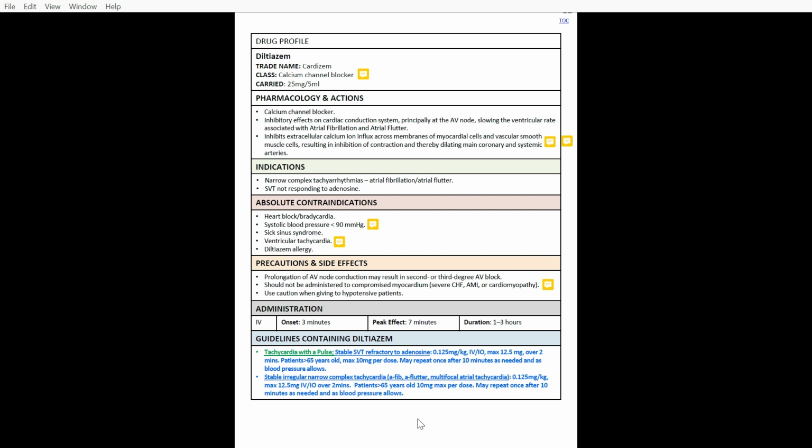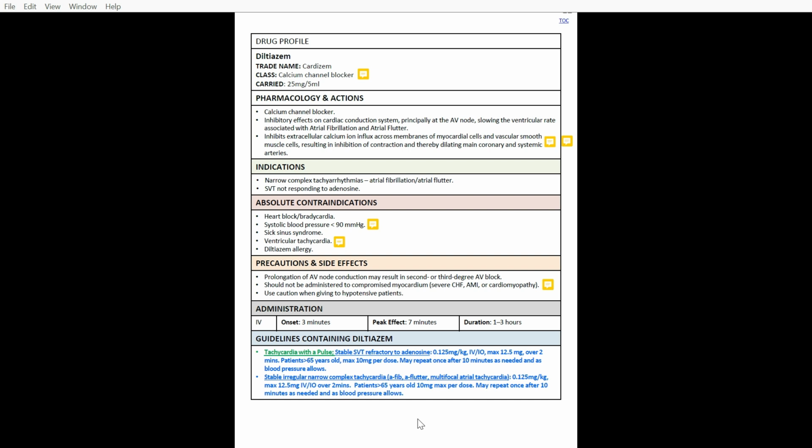Primarily, we use this drug that is associated with atrial fibrillation and flutter, but it can be used in other ways, which we'll talk about in a little bit. So again, what this drug also does here is it inhibits extracellular calcium ion influx across membranes. But the biggest part of this is because of this, it inhibits the contraction, thereby dilating main coronary and systemic arteries.